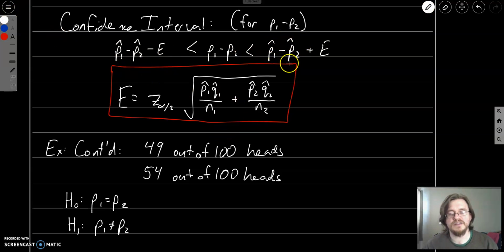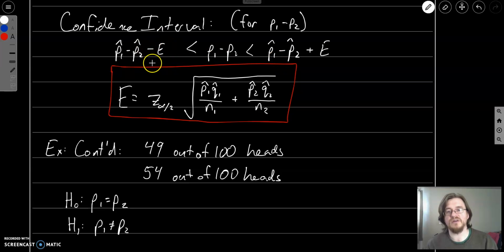So remember that a confidence interval for proportions is going to look at the difference of proportions, and we're going to add a little bit of error and subtract a little bit of error. So this is going to be our upper bound and our lower bound. We would expect the difference to be between these two values. Again, it should be between what the seen difference is in our samples, the P1 hat minus P2 hat, and then we'll add a little bit of error and subtract a little bit of error.